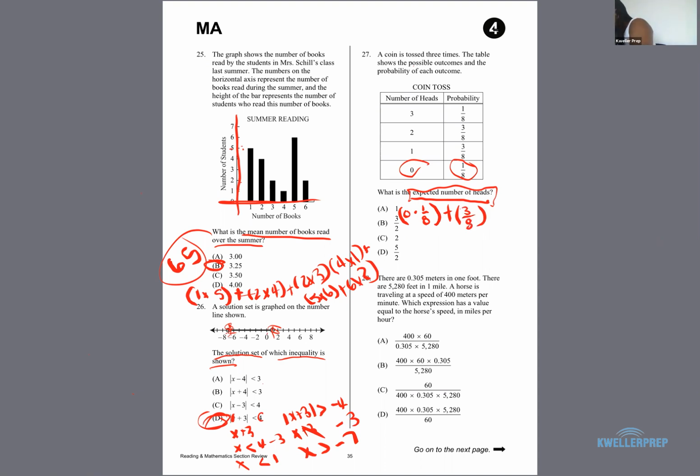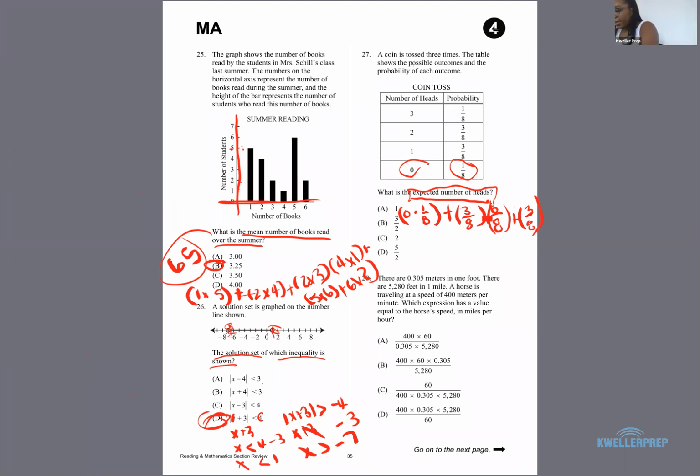And then 2 times 3/8, which is 6/8, plus, and then 3 times 1/8, which is 3/8 again.